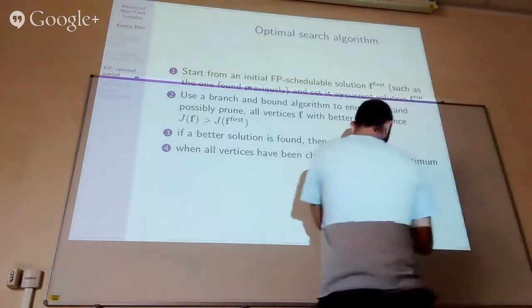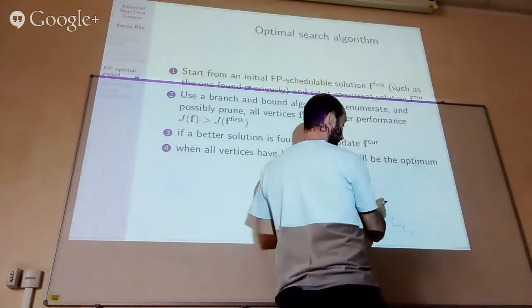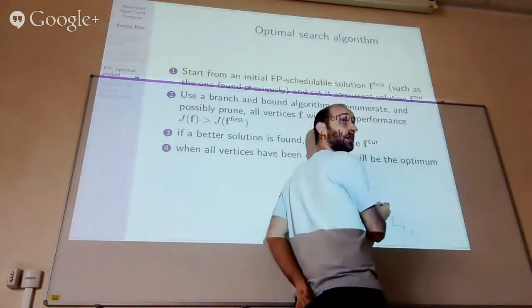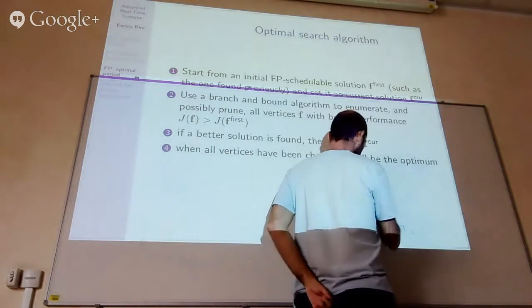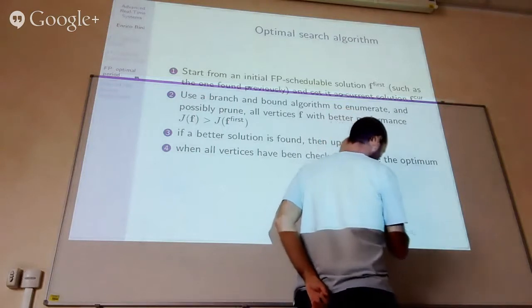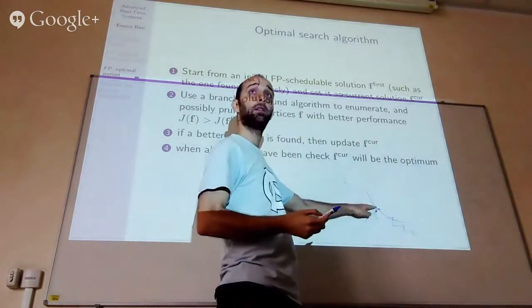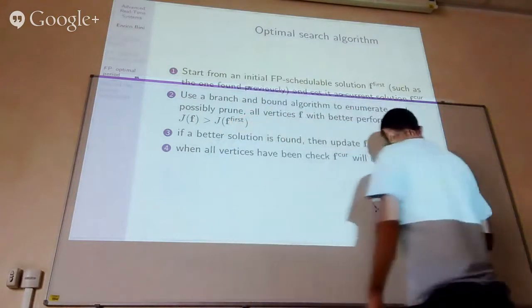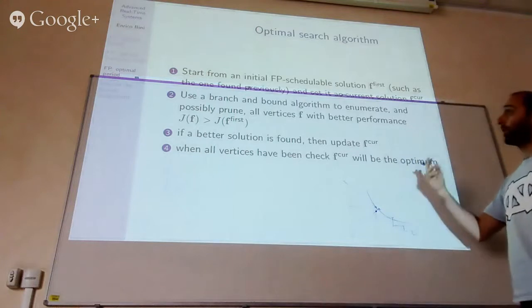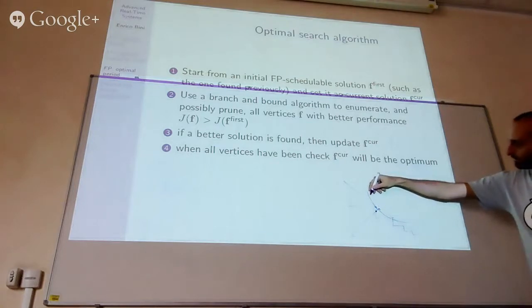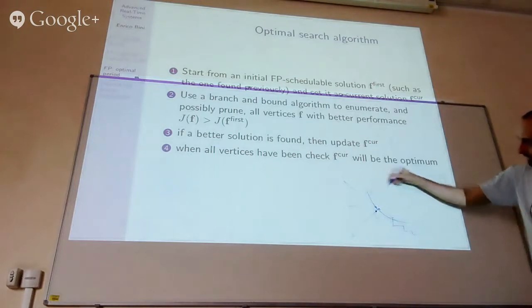Let's say that by this method, we find the solution. Then we know the cost here, and we draw the level curve of the cost. So basically, any point which can improve the performance must necessarily be on this side of this curve, right?